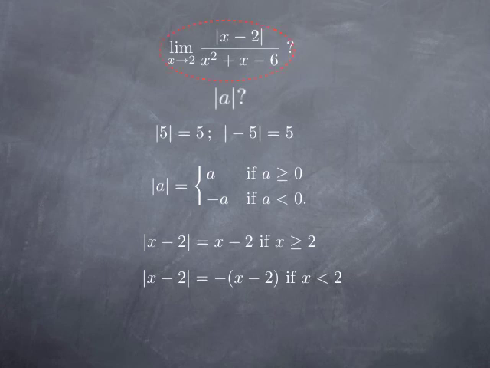Now, how can we use that to obtain this limit? Well, you see that the condition to rewrite absolute value of x minus 2 as either x minus 2 or negative x minus 2 depends on whether x is greater or less than 2. So that means we have to use one-sided limits at 2.